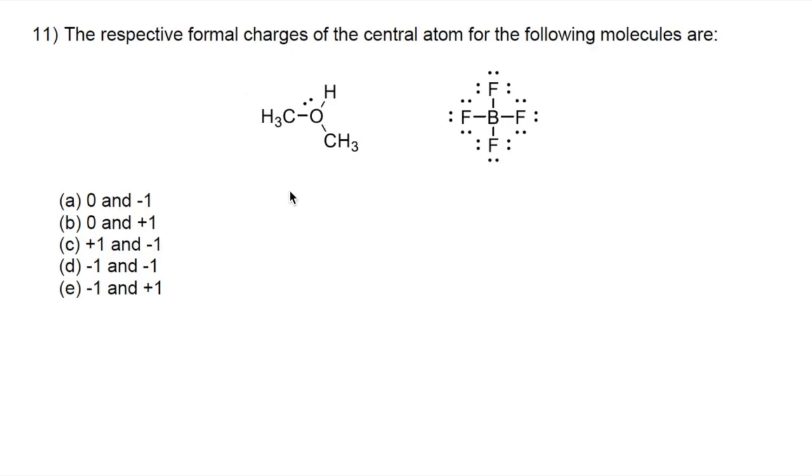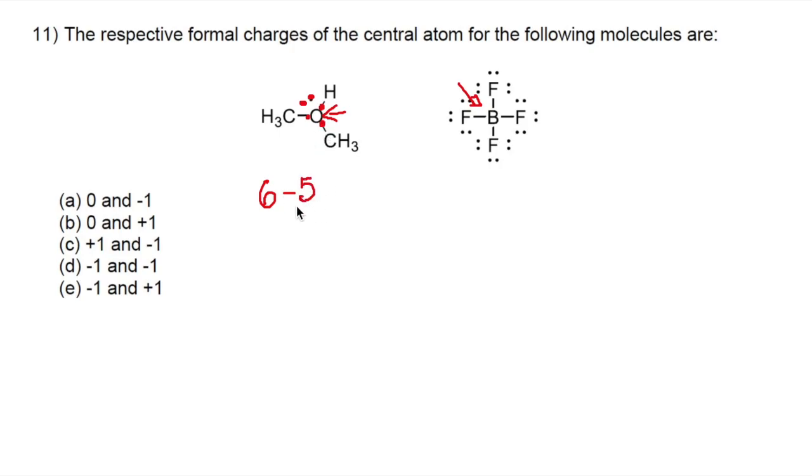In this question, we're being asked to calculate formal charges. To do that, we're going to look at the central atoms, which are the oxygen and the boron. Oxygen, you can see in the periodic table that it has 6 valence electrons, so it's 6. But in this particular case, it's connected to 1, 2, 3, 4, and 5, so it owns 5.